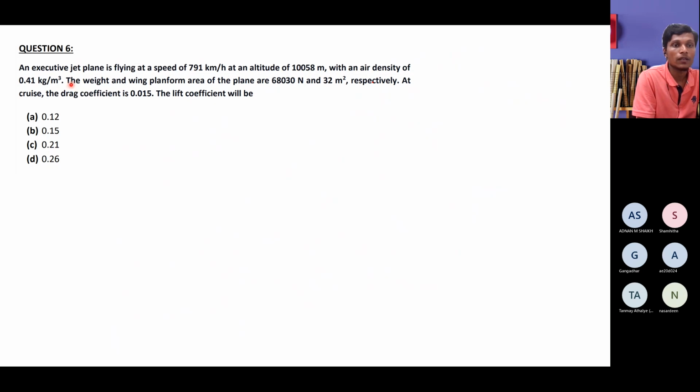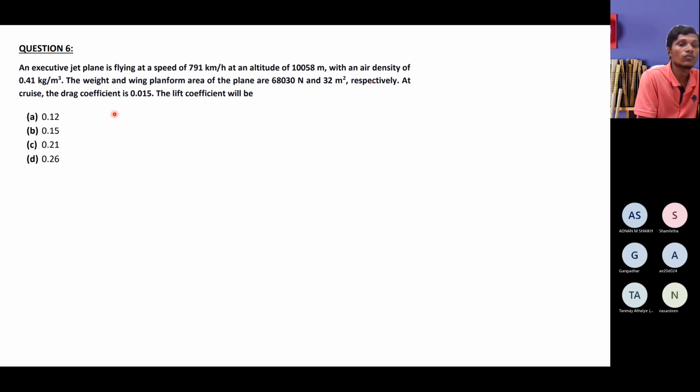The weight and the wing planform area of the plane are 68030 newtons and 32 meters square respectively. At cruise, the drag coefficient is 0.015. The lift coefficient will be, this is the question.